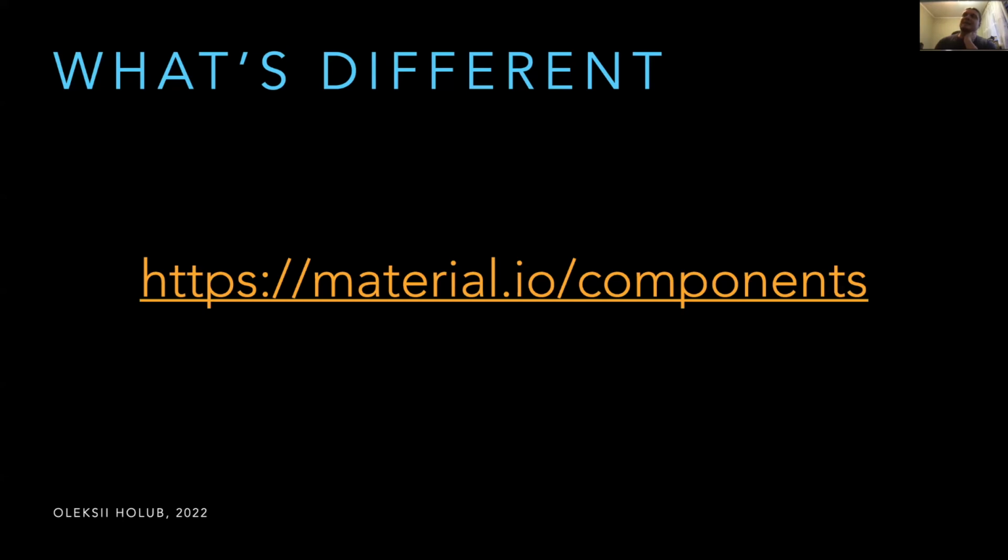It is not a very strict one, so you can use your own elements, you can modify them. This is just a recommendation, but there are some elements which are described in this guide.